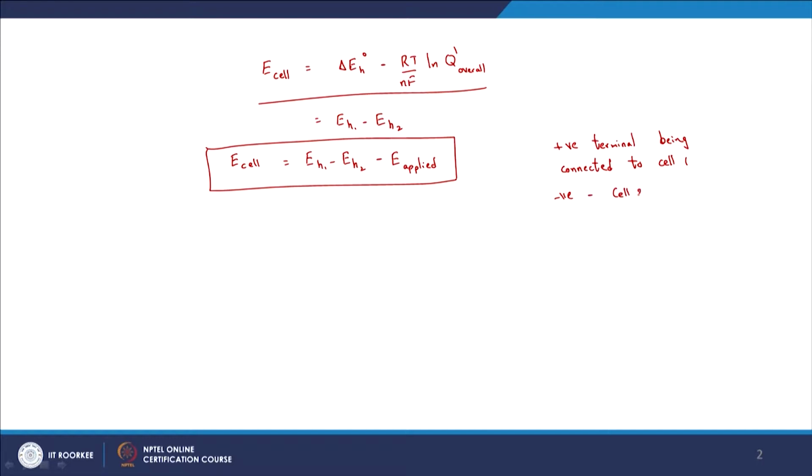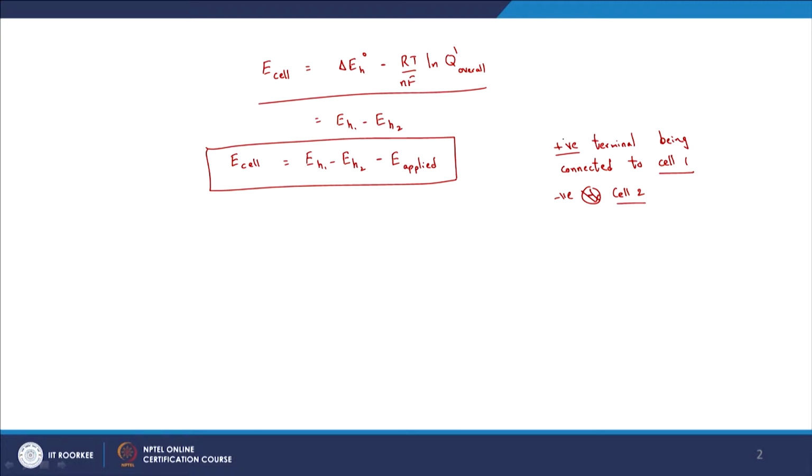As in, what does this mean? Negative would be connected to cell 2, and positive would be connected to cell 1, and these would be the relevant symbols that you need to use here with the applied voltage or potential.